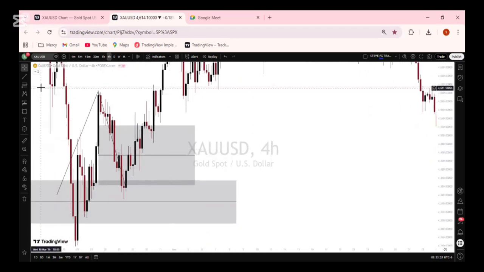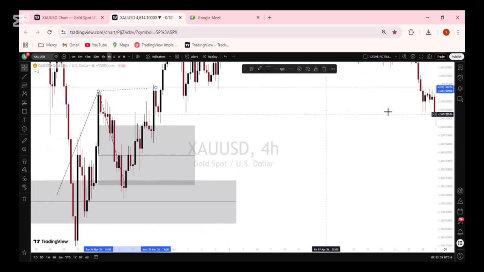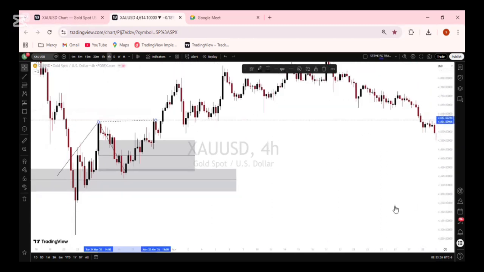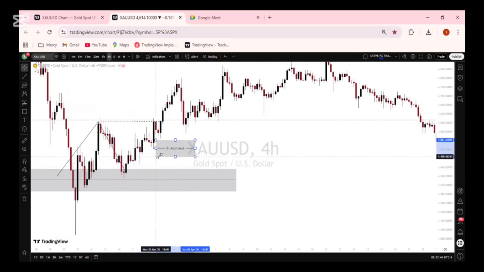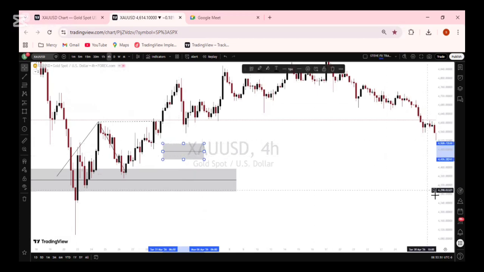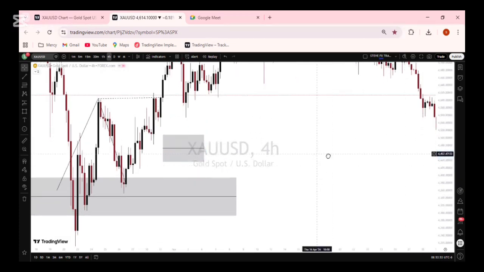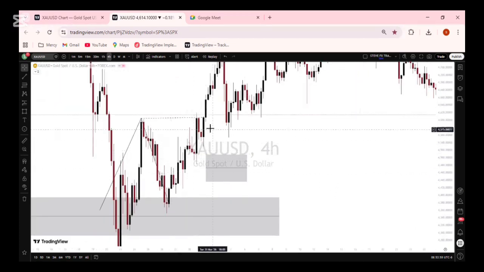we can see that there was a break of structure. The market broke structure from here. And when you talk about an order block, we are talking about the last opposite candle that caused an impulsive move.